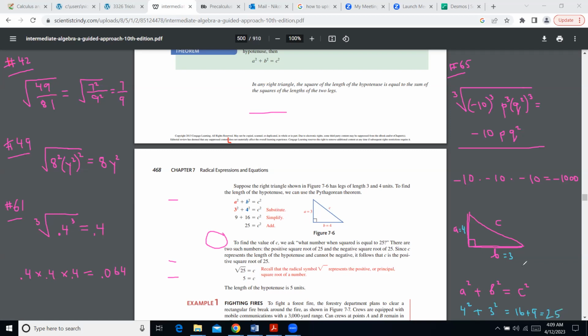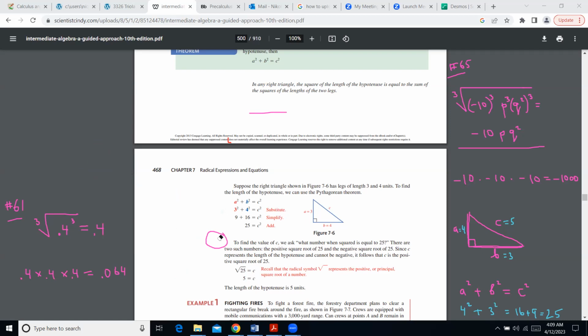And notice that 25 is 5 squared. So you can see that the third number, the so-called hypotenuse, the longest side, is going to be 5. So the square of 5 is exactly the sum of squares of 3 and 4.